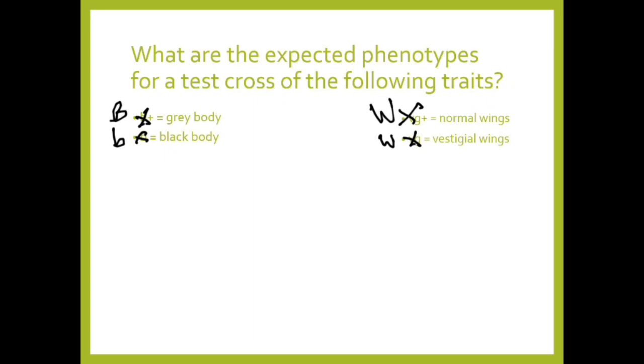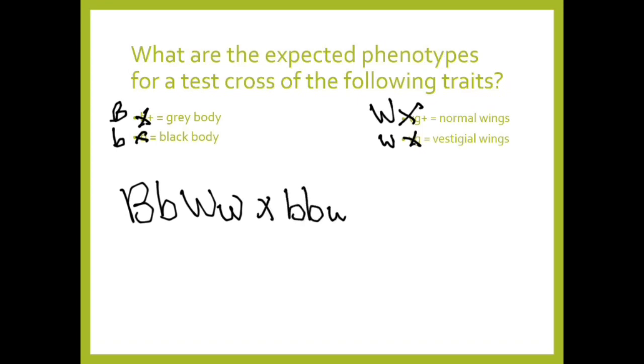The first one I'm going to do is take my dihybrid F1 offspring, which basically means they're heterozygous for both traits, and I'm going to cross that with my homozygous recessive individual.